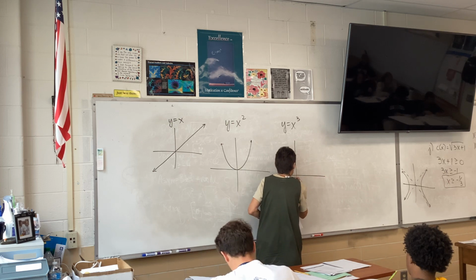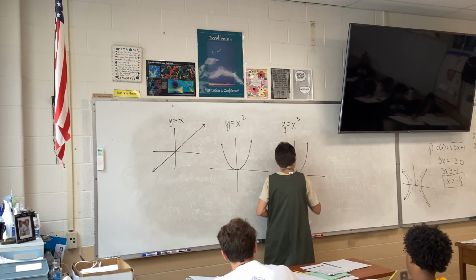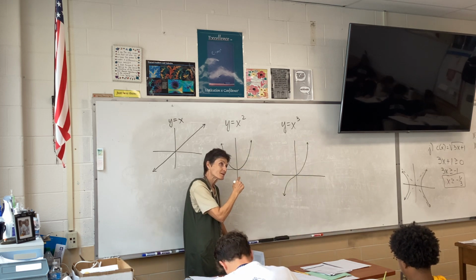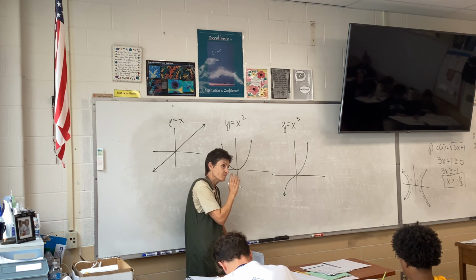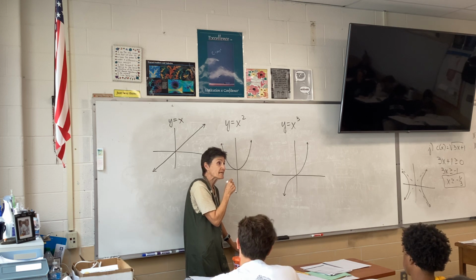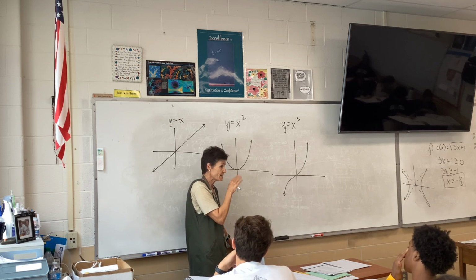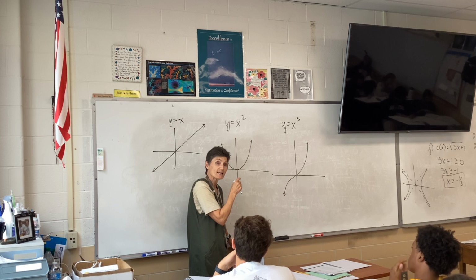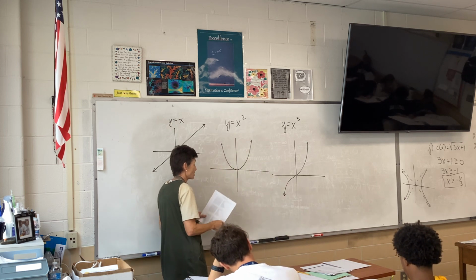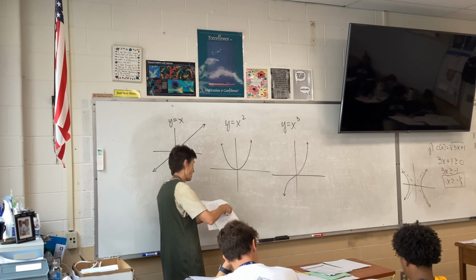It's this guy. By the way, who knows another thing that has that kind of shape? It's not exactly the same, but it has a similar shape. That's your tangent curve. When you graph sine, cosine, and tangent, when you graph tangent, that's the shape. But for us, it's the cubing function. All right?